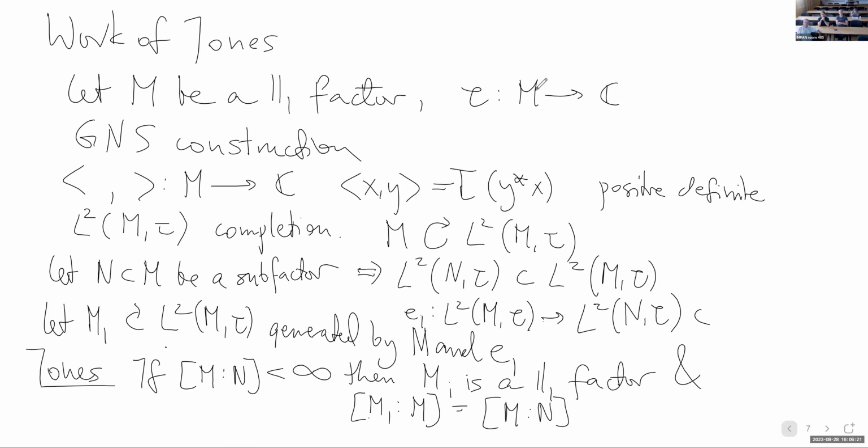No, I don't think so. But maybe this addresses your question, that you get some sequence of numbers. You can consider the index of N in every one of these. And the index of M2 over M1 is the same.